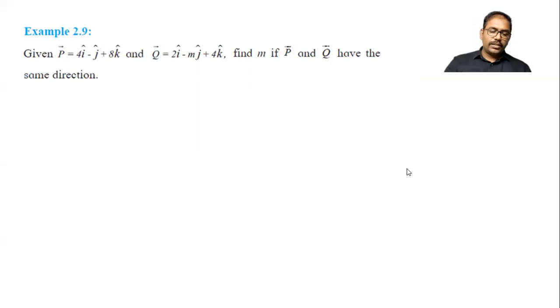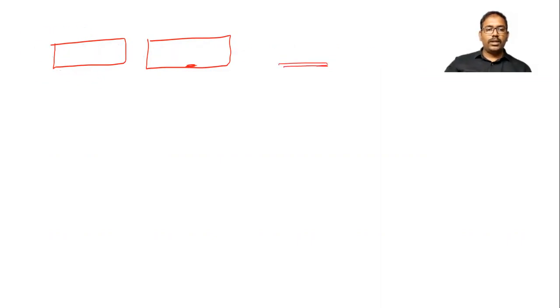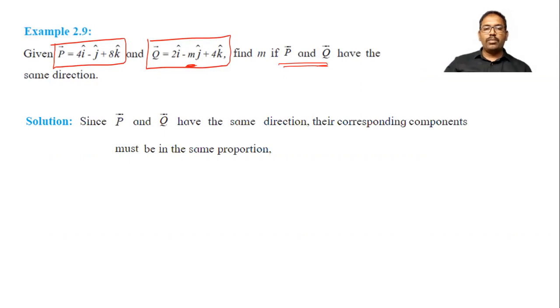Now next question: your P bar is given, Q bar is given. Find m, which is here in this Q bar, if P bar and Q bar have the same direction. Now see here, P bar and Q bar have the same direction, so their corresponding components must be in the same ratio. When the direction is the same, you remember Px divided by Qx is equal to Py by Qy is equal to Pz by Qz.